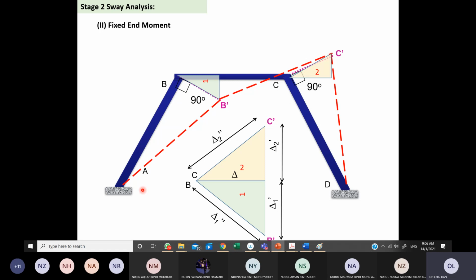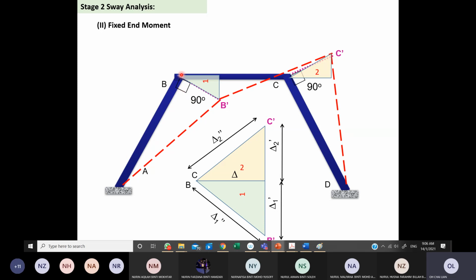So I think the important thing now is to know what is the deflection for each of the members. There is a principle there. The deflection must be measured at the maximum, and it must be perpendicular to the member itself.